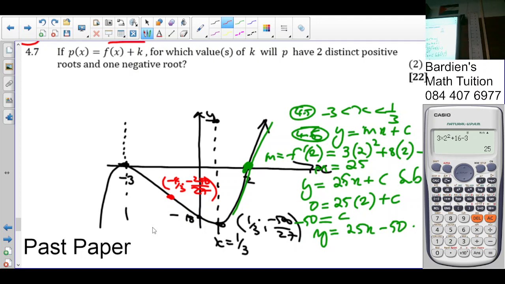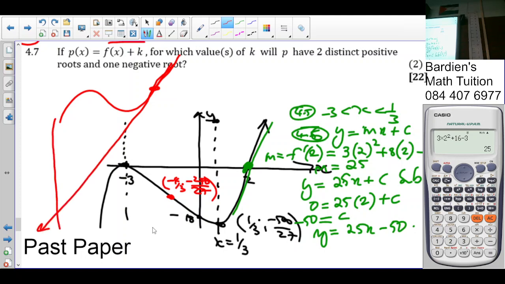You see what happens is, that's the graph we have and the tangent line there, a straight line. But this line goes all the way down here, so this tangent will cut the graph again at some point. To work that out, we set the equation of the tangent equal to f of x, and then we will get the answer you're looking for.